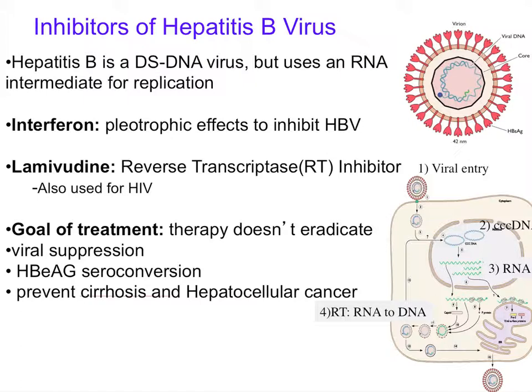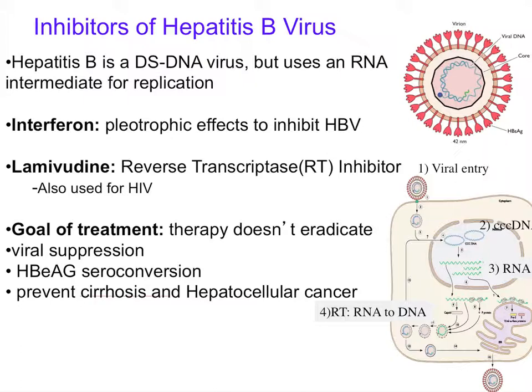The other drug of interest here is lamivudine. Now, lamivudine is active against both hepatitis B and HIV. And in fact, you will hear quite a bit more about this drug when you get your talk on anti-HIV medications. Lamivudine works as a reverse transcriptase inhibitor, and I think this is quite an interesting mechanism of action for its effects against hepatitis B, because hepatitis B is a double-stranded DNA virus, and lamivudine is a reverse transcriptase inhibitor.